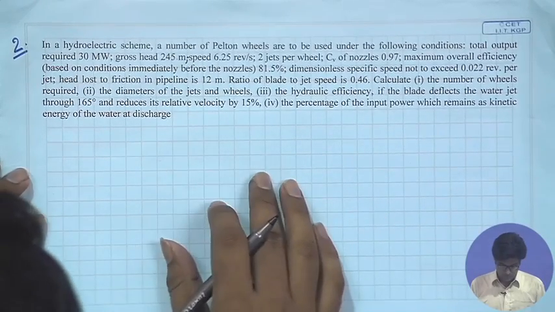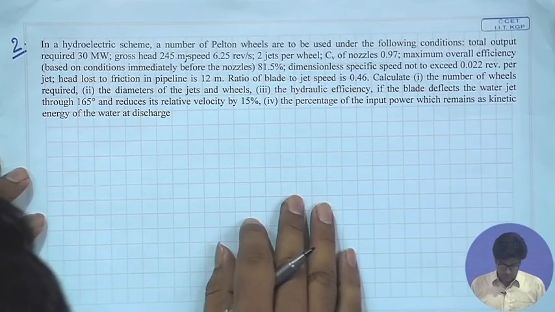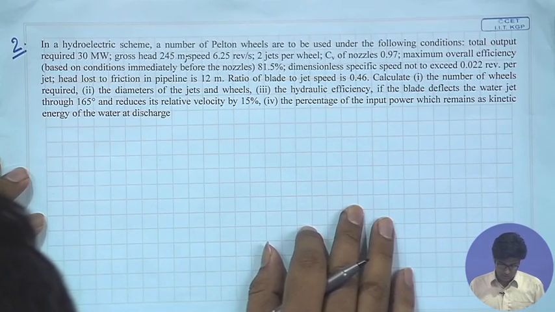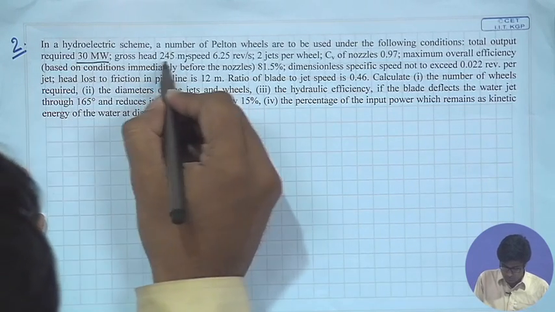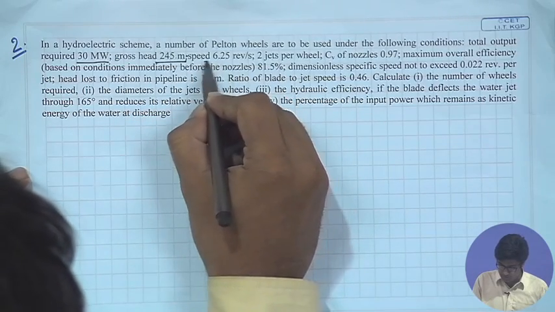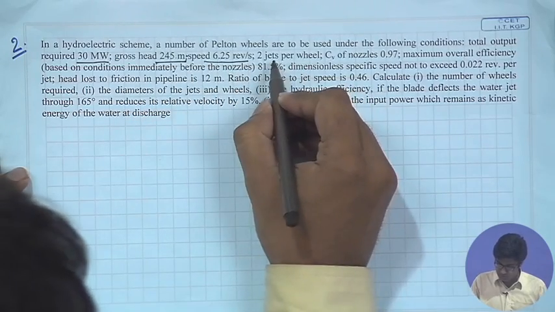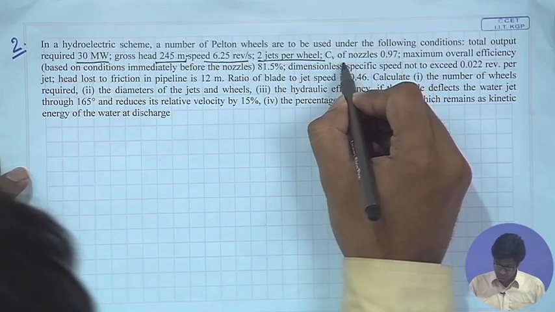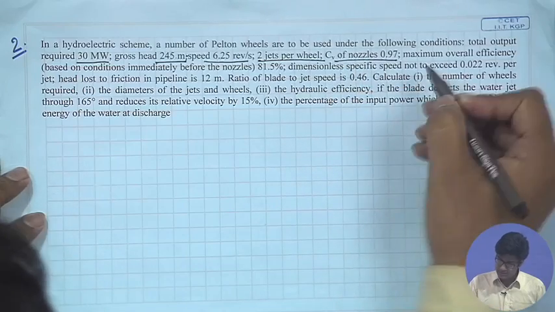So, let me read it out. In a hydroelectric scheme, a number of Pelton wheels are used under the following conditions. The total output power required is 30 megawatt, a gross head of 245 meter, and the rotational speed of the runner is 6.25 revolutions per second. Per wheel, there are 2 jets used. The coefficient of velocity is 0.97.